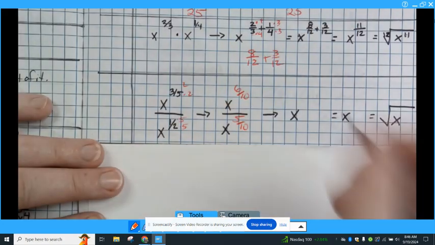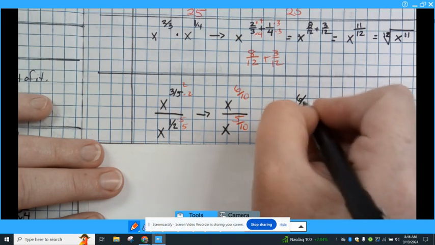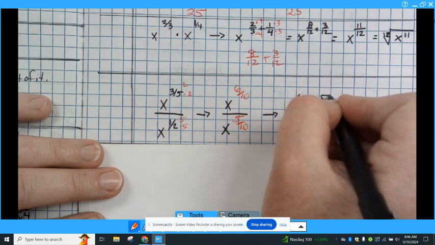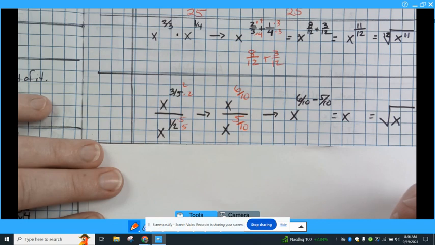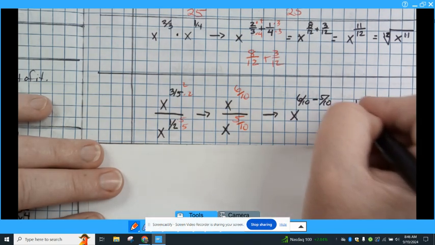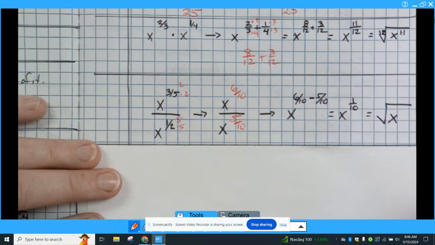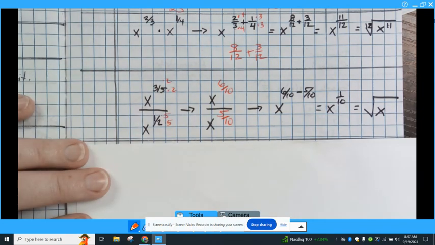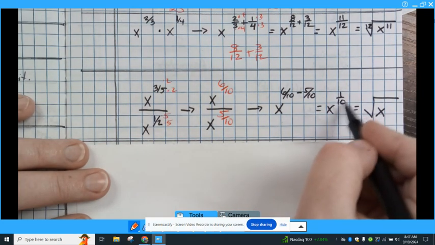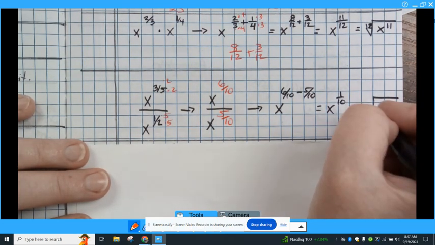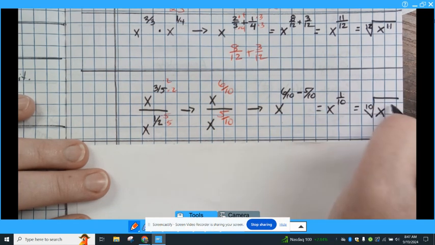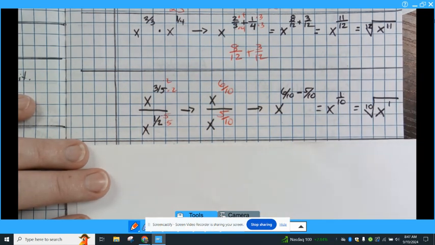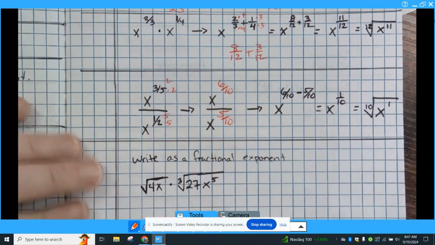And now I can do 6/10 minus 5/10, which gives me 1/10. If I'm going to change that to radical form, my denominator is my root. And then 1, technically we don't need to write it, but I'll write it. Okay? So they follow the same rules.